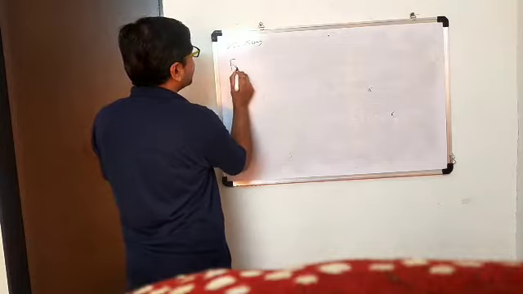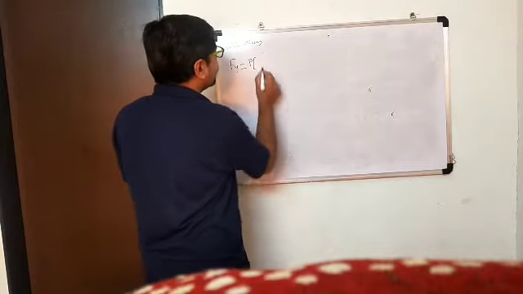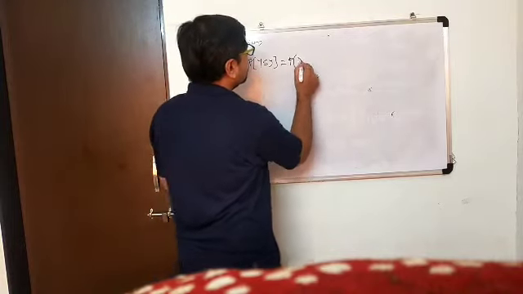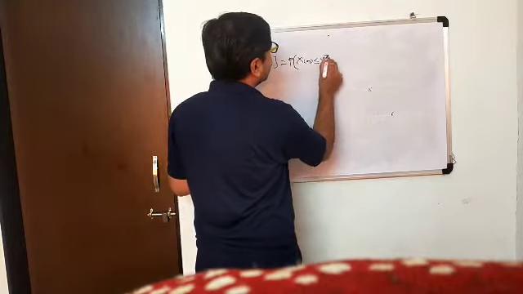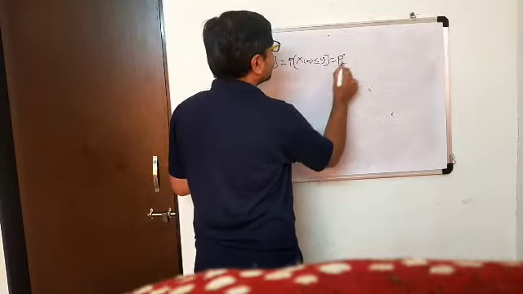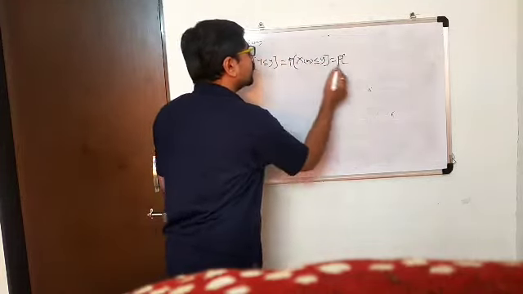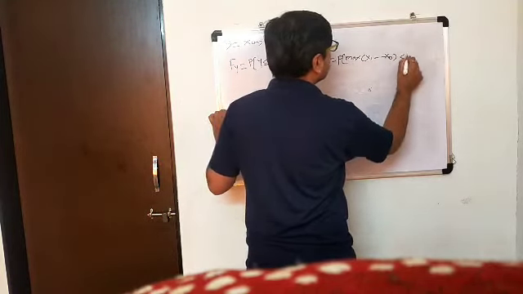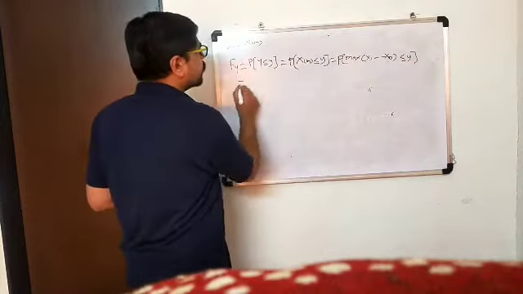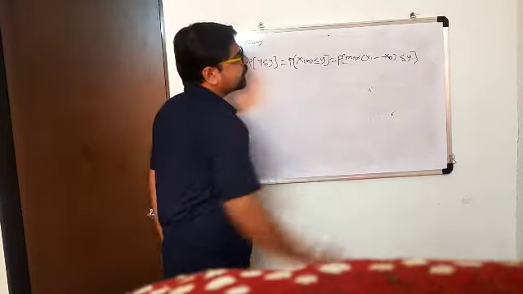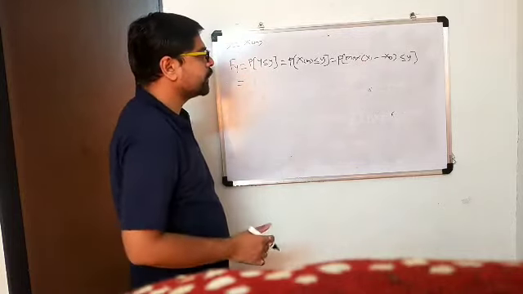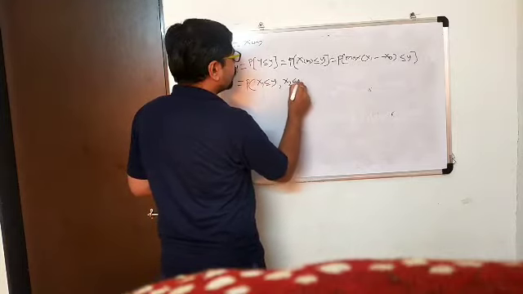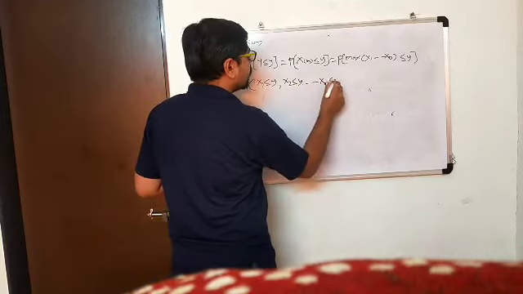Consider its distribution function F(y), which is the probability that Y is less than or equal to y, that is, the probability that X ordered n is less than or equal to y. But we know X ordered n is the maximum of X1, X2, ..., Xn. As the maximum is less than or equal to y, all observations will be less than or equal to y: X1 less than or equal to y, X2 less than or equal to y, and Xn less than or equal to y.